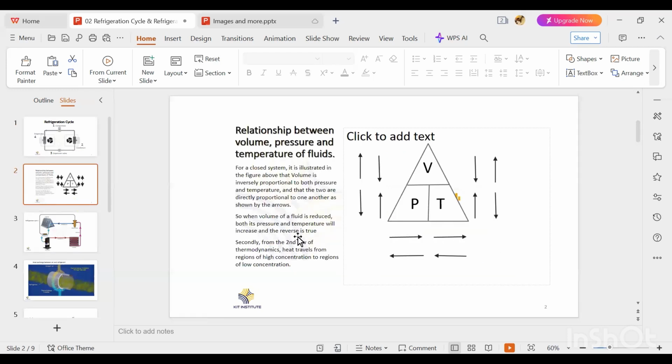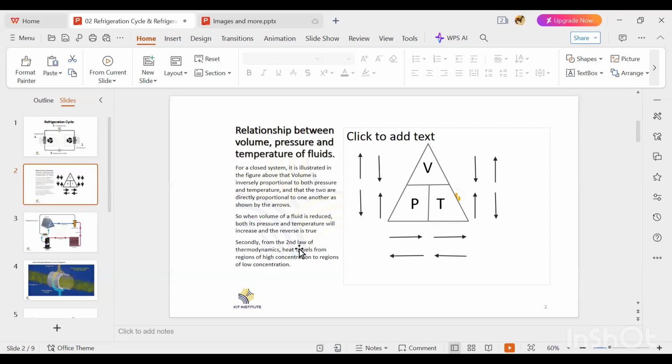So secondly, when the volume of the refrigerant is reduced, both its pressure and temperature will increase, and the reverse is true. Secondly, from the second law of thermodynamics, heat travels from regions of high concentration to regions of low concentration.